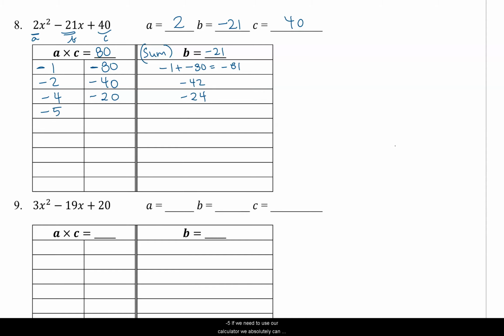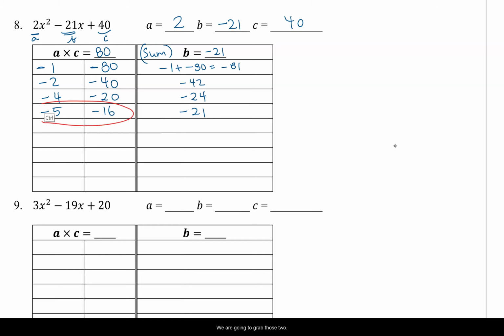Negative 5. If we need to use our calculator, we absolutely can. It's perfectly fine to use our calculator. 80 divided by negative 5. Is it a whole number? Yes, it is. Negative 16. Negative 16 plus negative 5 is the negative 21 that we need.